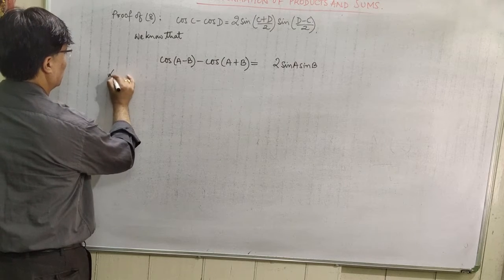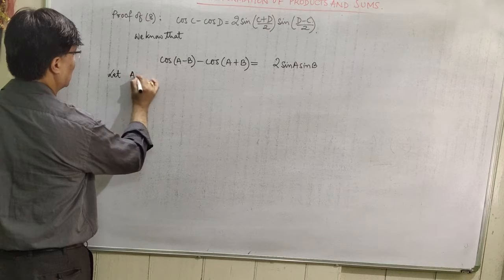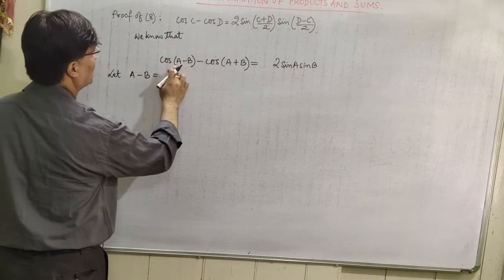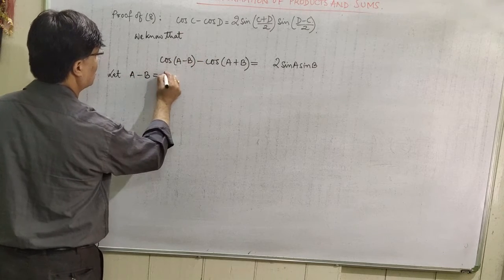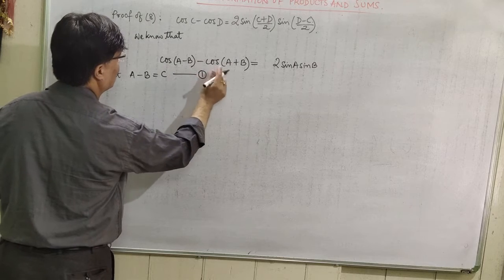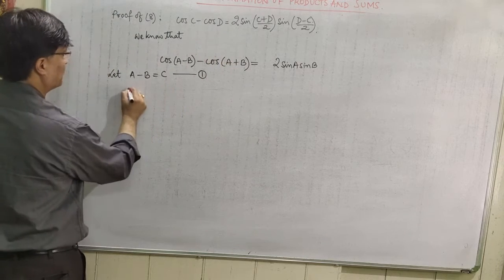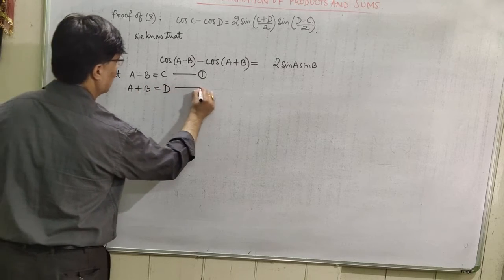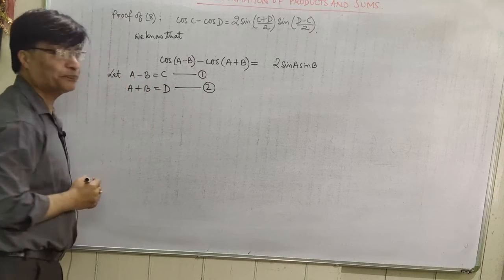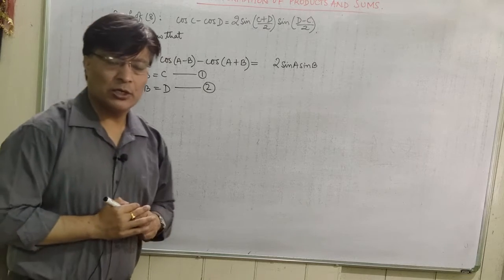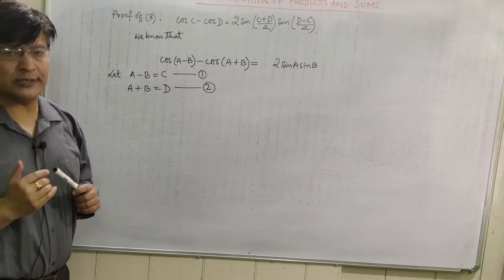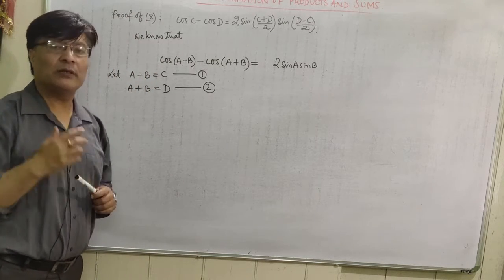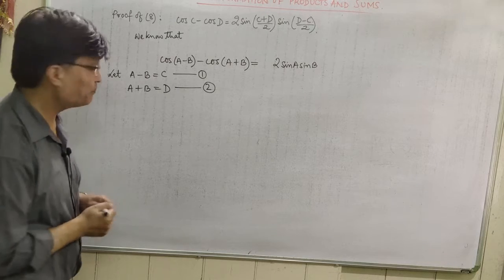You can use the similar method here also. Let a minus b, let us assume it as c, and instead of a plus b, what is here? It is d, so a plus b is equal to d. Let us mark it as number 2. Is that clear? So now from these two equations let us find out the values of a and b.